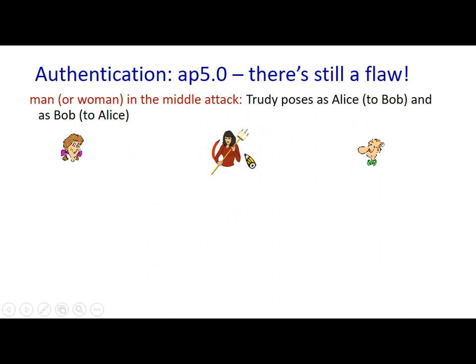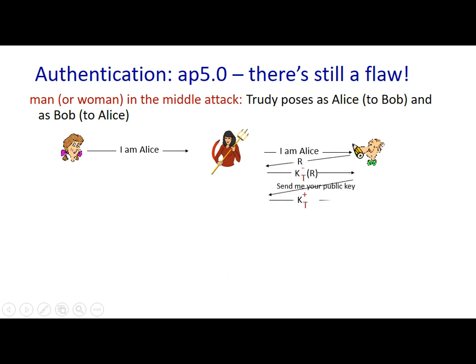Trudy poses as Alice to Bob and as Bob to Alice. Trudy says, I'm Alice, from the message to Alice. Then returns I'm Alice to Bob. When Bob returns R, Trudy uses her private key to apply to R, right. Then Bob requests, send me your private key.